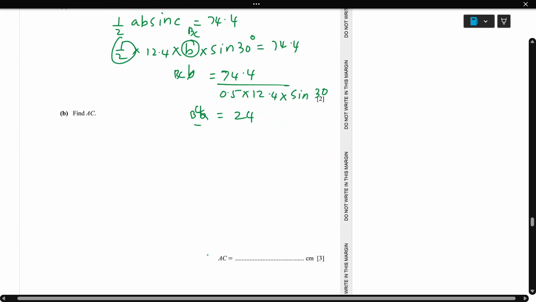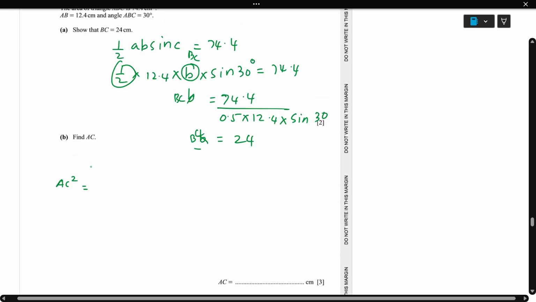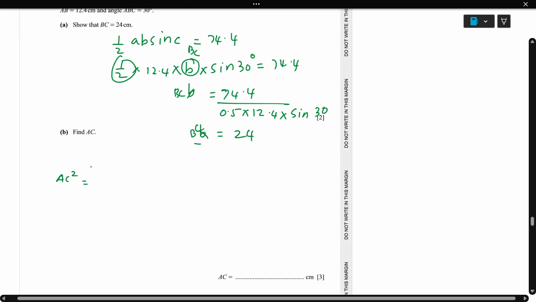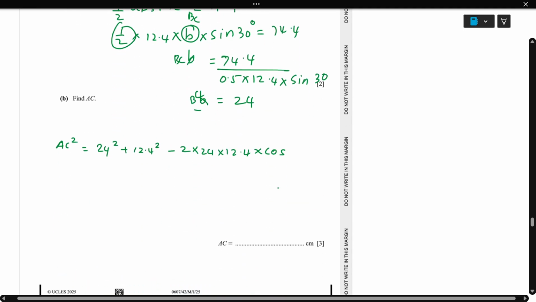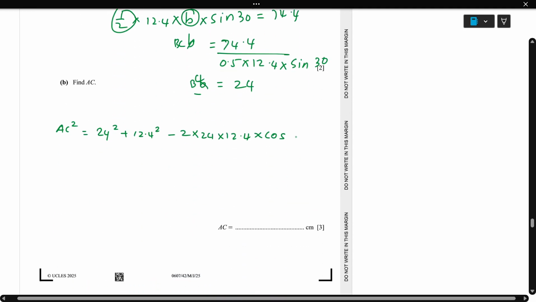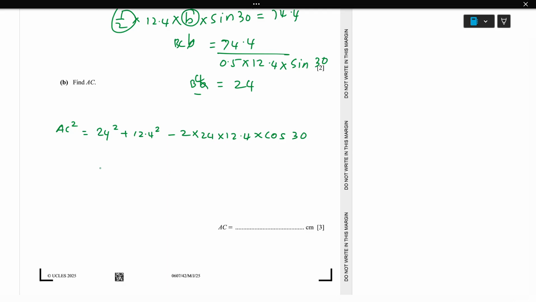AC squared equal to the sides, one is 24, one is 12.4: 24 squared plus 12.4 squared minus 2 times 24 times 12.4 times cos of the angle, which is 30. The formula given in the formula sheet is the cosine rule. When there is no pair, we have to use the cosine rule.